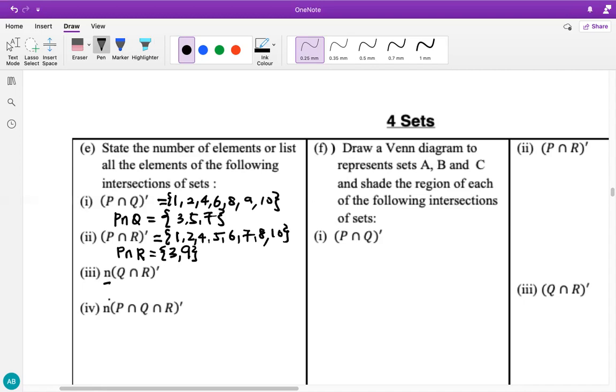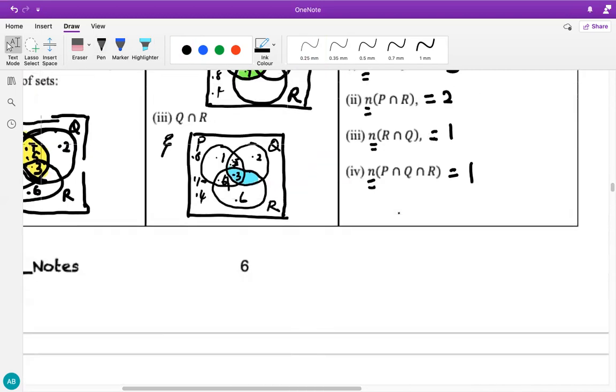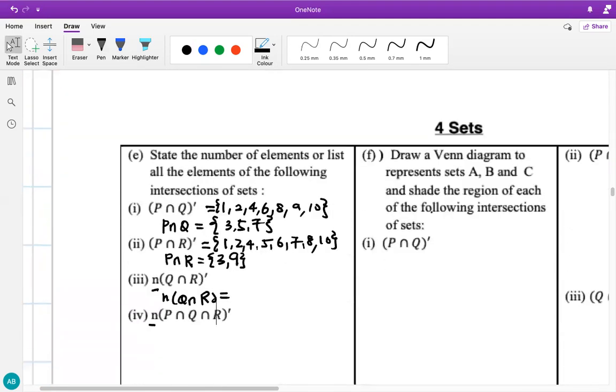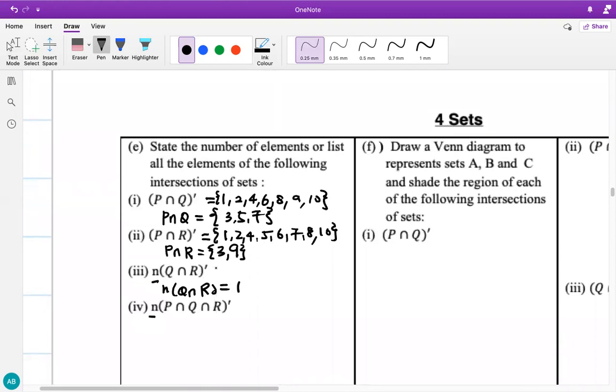So for 3 and 4, we are going to find the number of elements in Q intersect R prime. So the number of Q intersect R, okay, we go back to this question, R intersect Q is 1, okay? So 1 here. So therefore, the number of elements of Q intersect R prime will be the number of the universal set minus Q intersect R, that is 10 minus 1, you get 9.